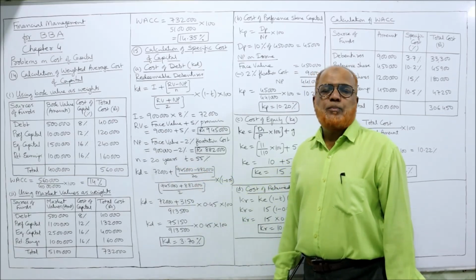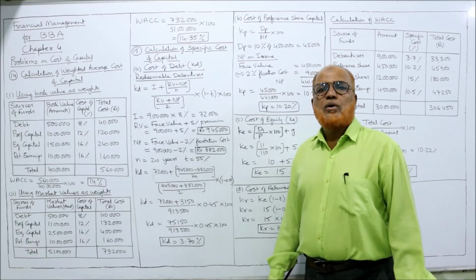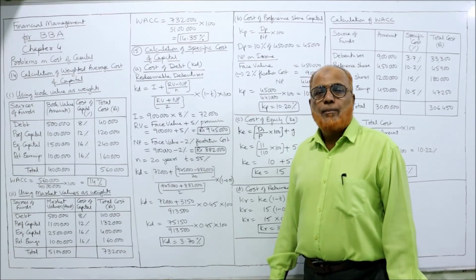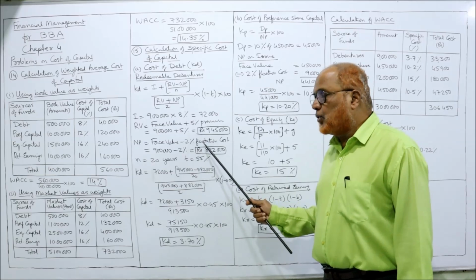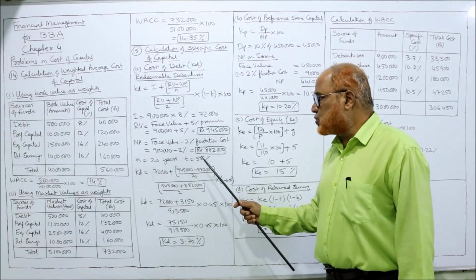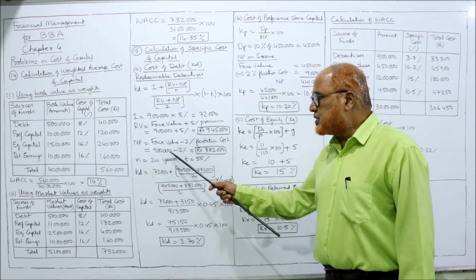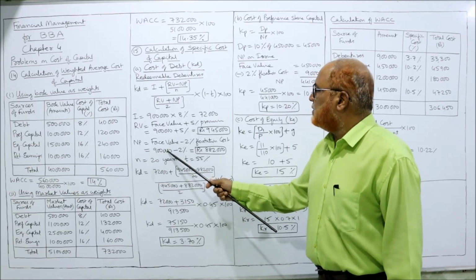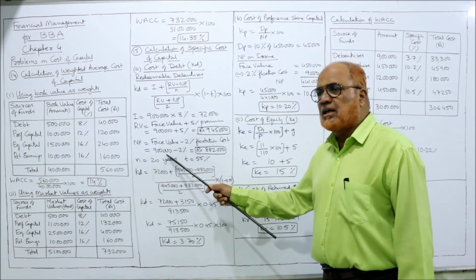NP, net proceeds on issue. At the time of issue, it was sold at par. Par value means face value, 9 lakh. But 2% flotation cost is given. So we have to subtract flotation cost. 1% is 9,000, 2% is 18,000.